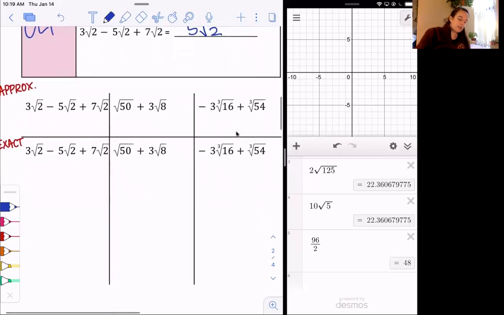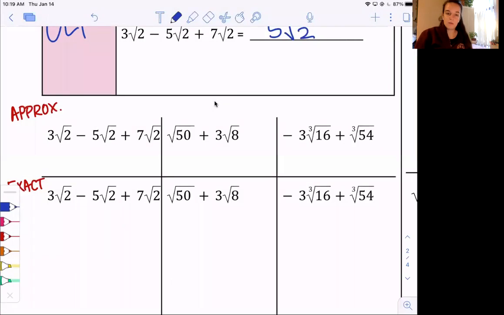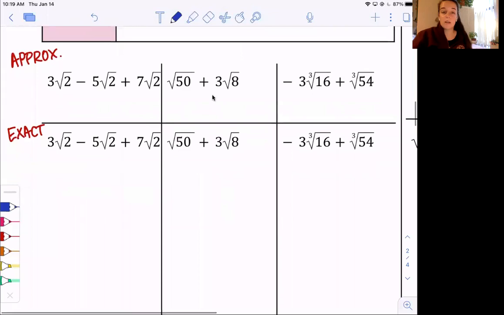Originally, I was going to have us go through and calculate each of these, right? I think that you all can probably do the calculator portion on your own, so I'm going to have us skip that for now. If you want to see it, it's on the video, so you can check out the video. For now, though, I want us to calculate the exact version of these three for the remainder of our notes.